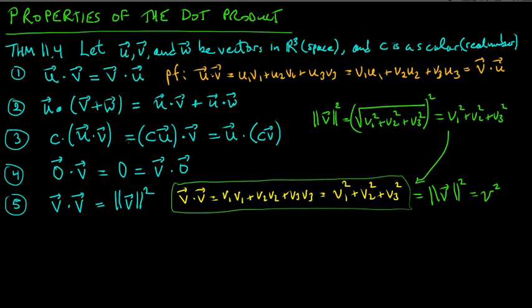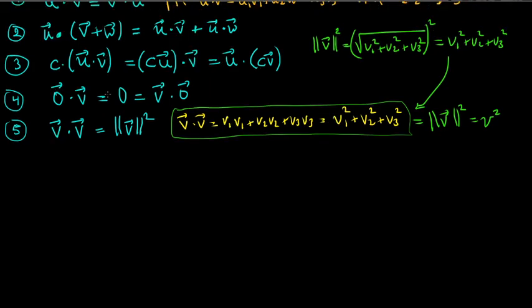So the next thing we'll do is the geometric definition. There's another way to define the dot product, and that's going to be the following. u dot v is just going to be the magnitude of u times the magnitude of v times the cosine of theta. Now, what's theta?